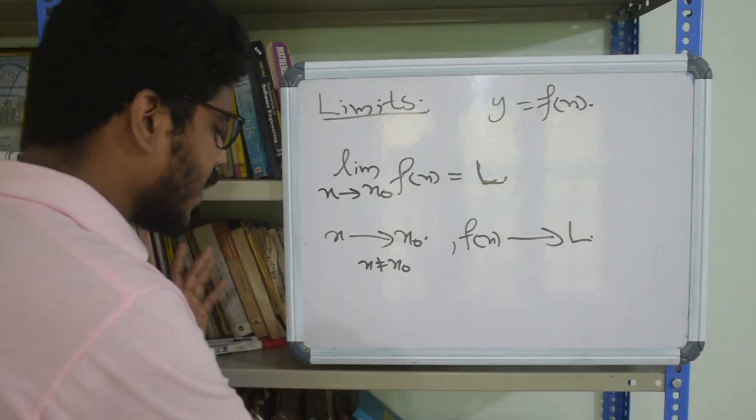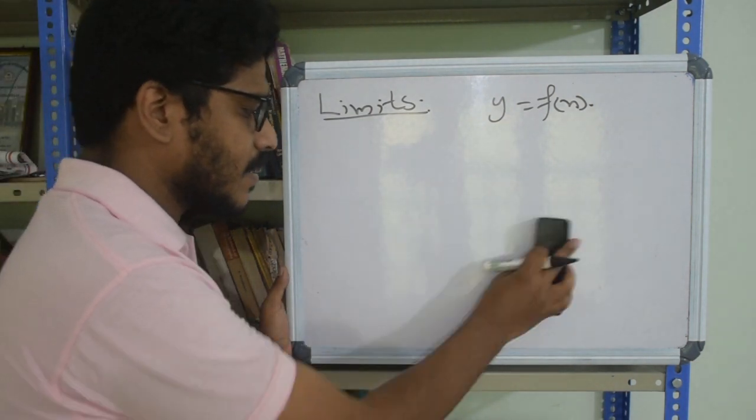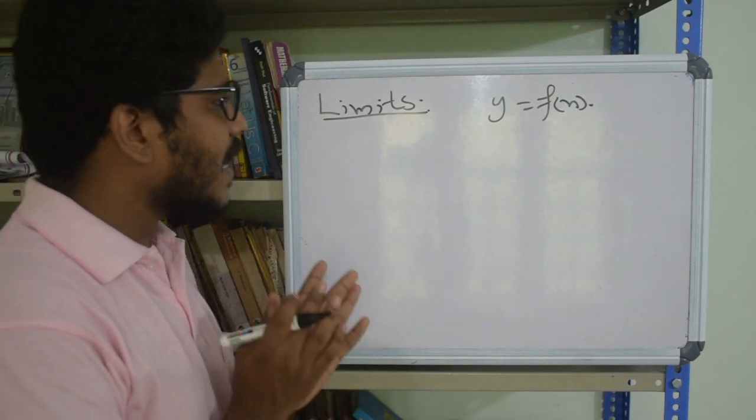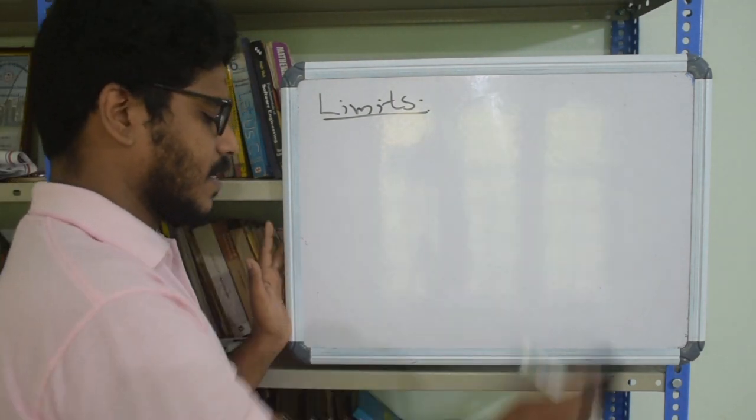So this is what we mean by limits for real valued functions, and the same is applicable as a definition for vector valued functions.